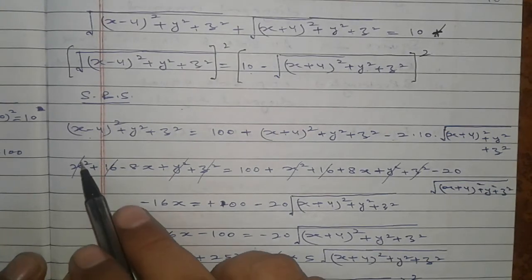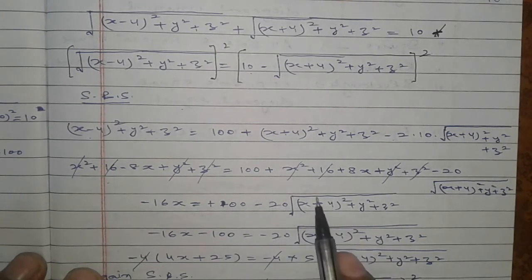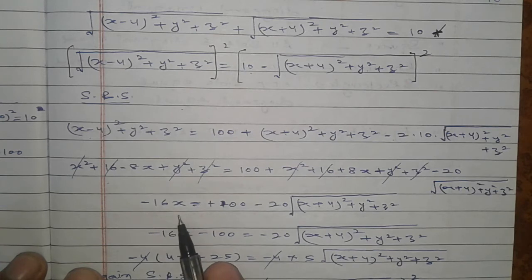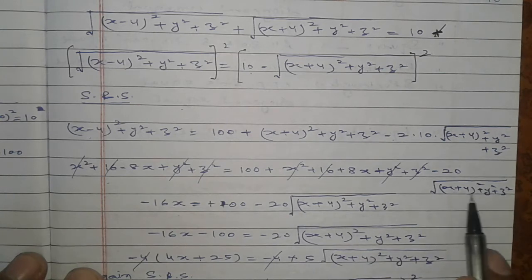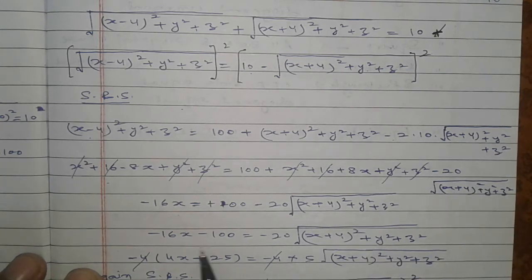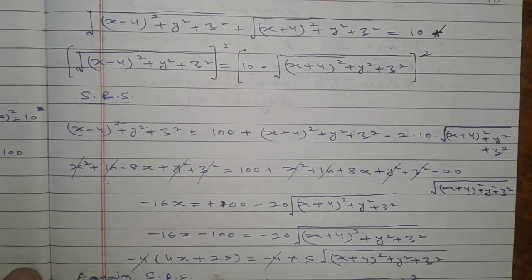After this you will find that some of the terms will be cancelled and you are left with minus 16x equal to 100 minus 20 times this square root, which remains from the 2ab term. Now again you have to simplify this, take common, cancel, and then square once more.